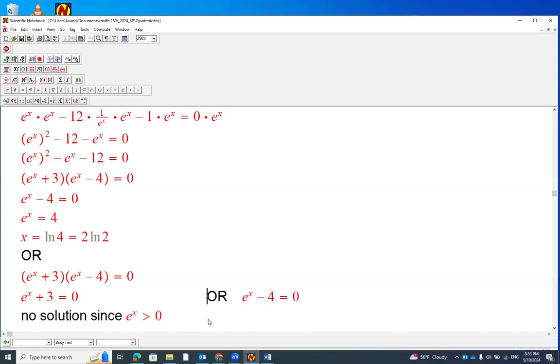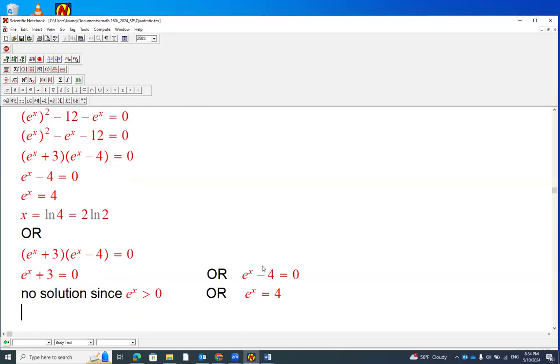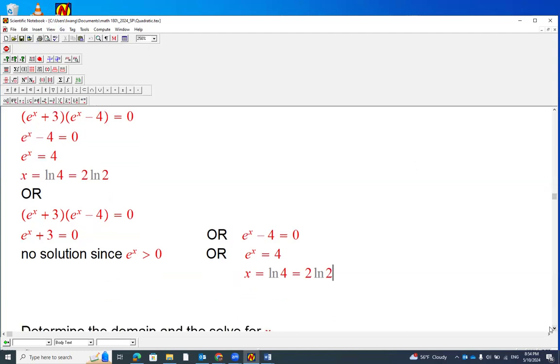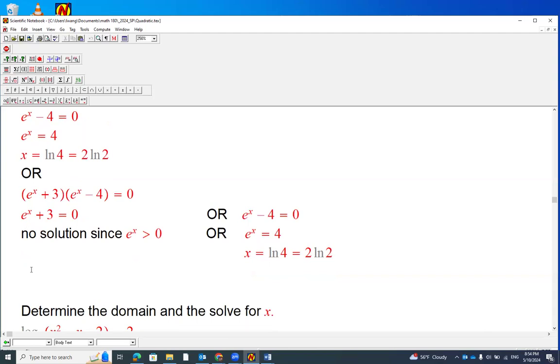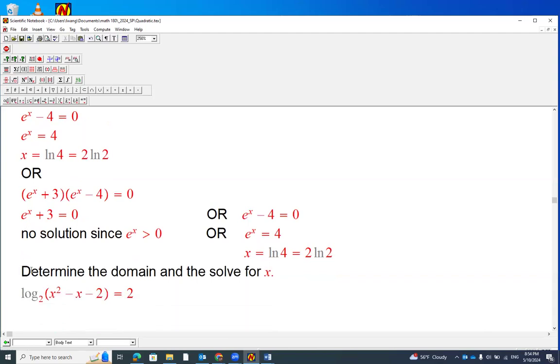And the other part, you work with, and you will get e to the power x equals 4, and then x equals, no issues here. So that's it, right? So you can go all these different ways, but you can see the tool used, right?